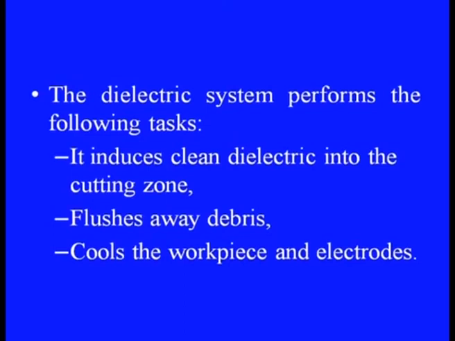Number 1, it induces clean dielectric into the cutting zone, which is very much required for getting ionized and thereby creating a plasma column, as we will see later during the mechanism of material removal or the working principle of this process.